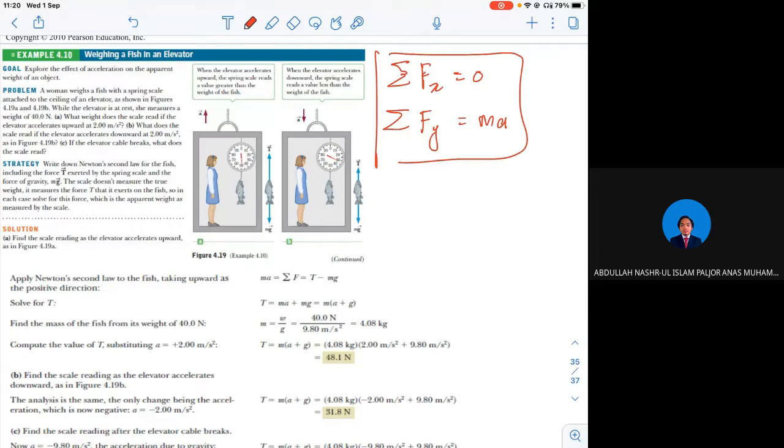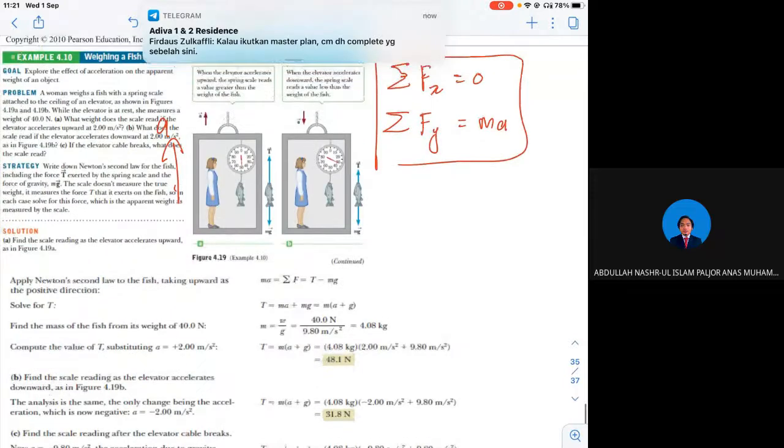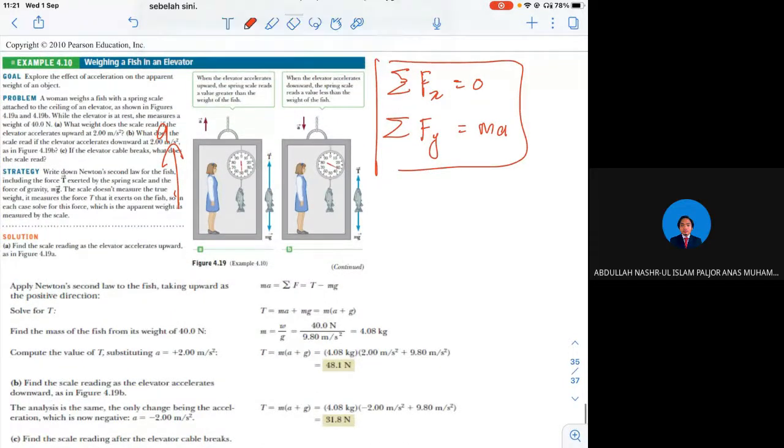If the elevator is going upward, what happens? Definitely you will have a tension. The scale is hanging by tension, and because they want to know the weight on the scale reading, obviously there is also mg.